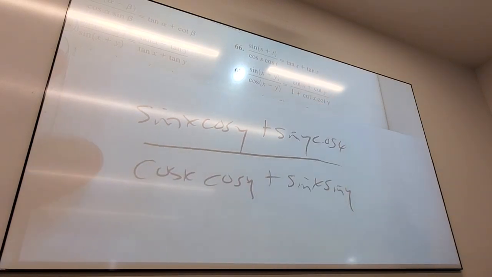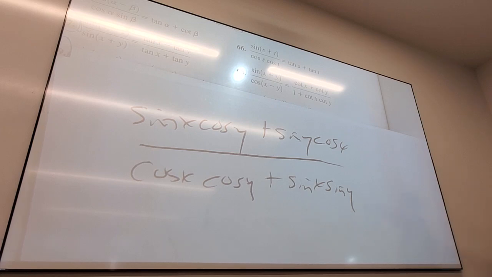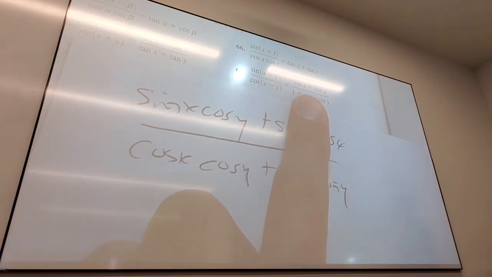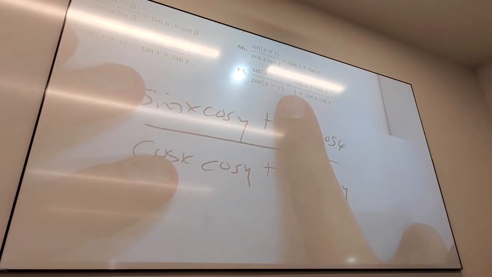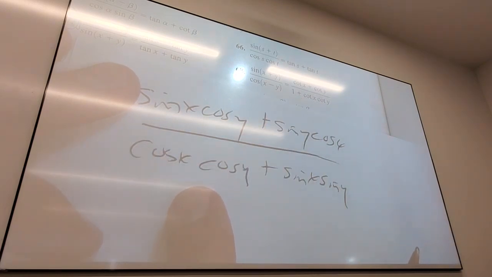This is the part I think students have the most issue with, which is unfortunate because this is the strongest, best thing about identities. You have a target. I'm working with this side, and my target is that side. Do you see how there's a 1 right there? I could divide by cosine x, cosine y, and make this a 1.